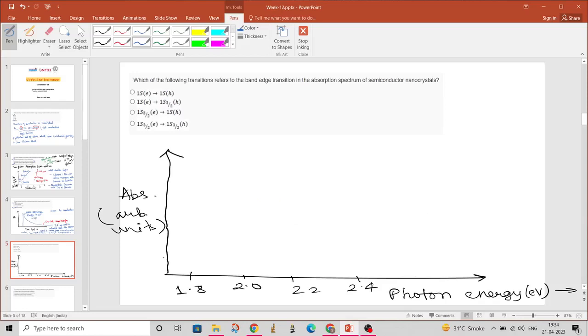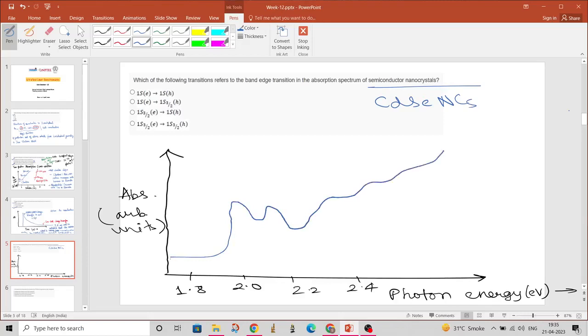The absorption spectrum for this one I'm drawing for semiconductor nanocrystals. I'm drawing cadmium selenide nanocrystals. So at 2 electron volt there is a peak. The absorption spectrum looks like this. There's a peak here and then a shoulder.